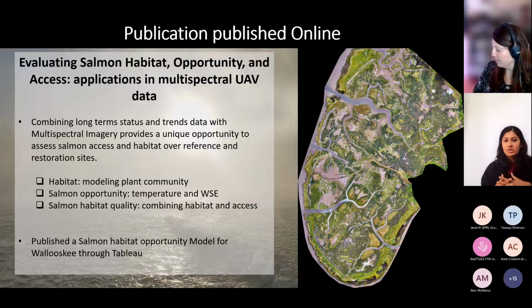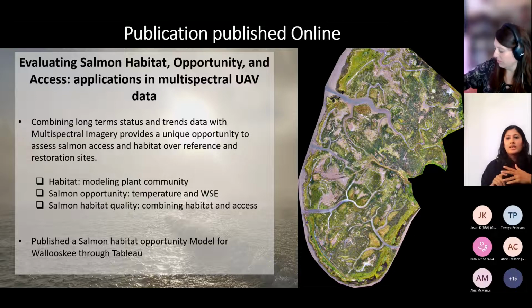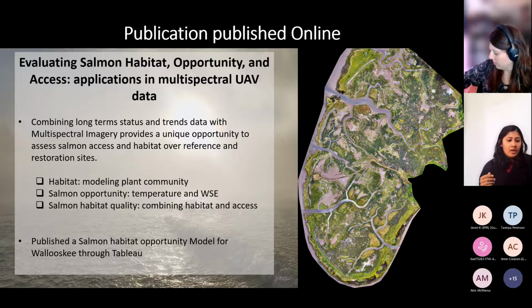So by combining these two methods, we are able to measure the existing habitat conditions, as well as talk about the existing dominant native and non-native plant communities, salmon habitat access, as well as opportunity, and it helps us to predict any impacts from climate change that can occur.